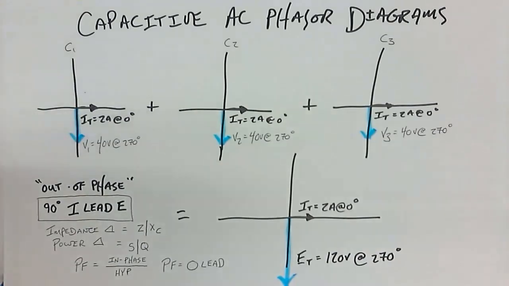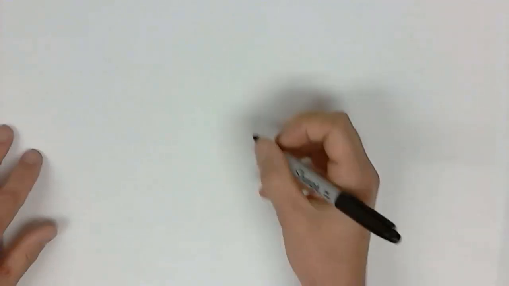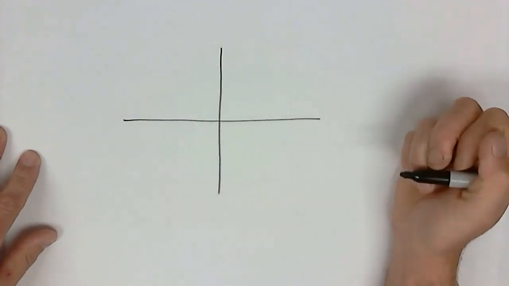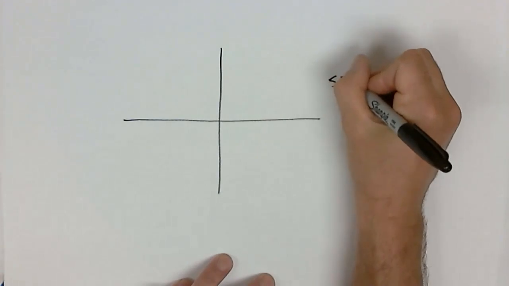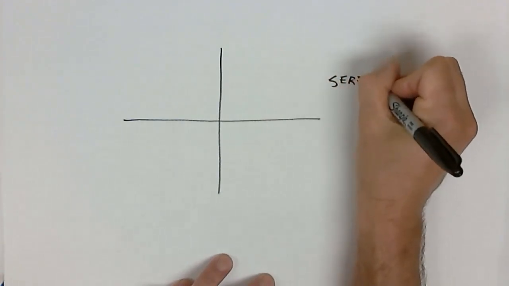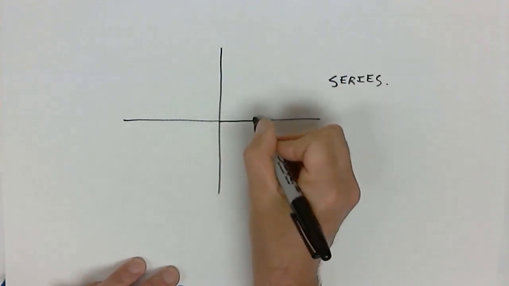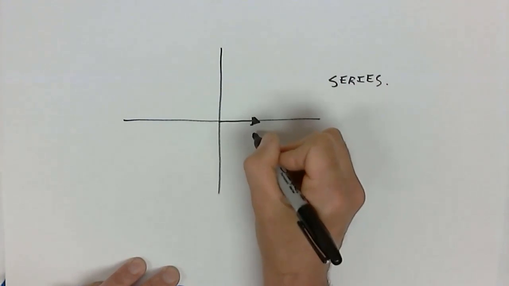Well, we can display onto a Cartesian plane the values of each of the voltages, and we can display the values in a triangle. So remember, in series, we have current, which is always on the reference.